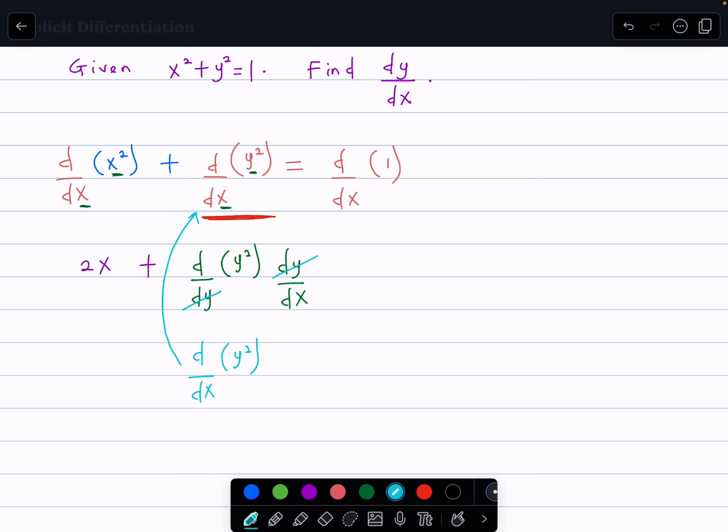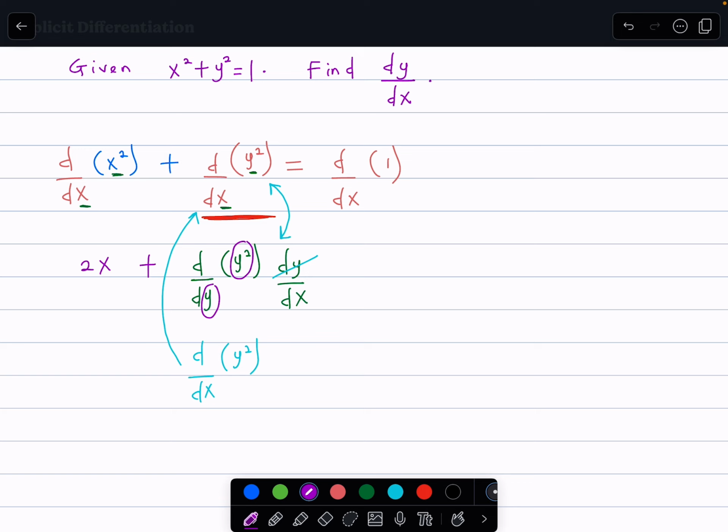I'm just trying to explain how this part and this part are exactly the same. And why am I doing d dy of y squared? The reason is I want these variables to match. This variable here I want to differentiate with respect to y, and my variable here is y squared, which is with respect to y. So that's the reason why I'm doing all this.